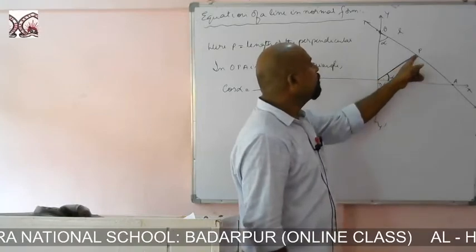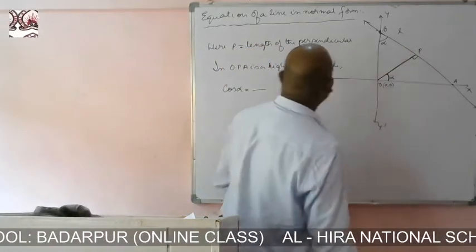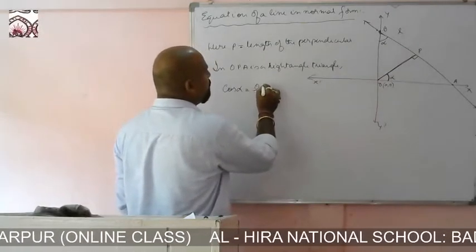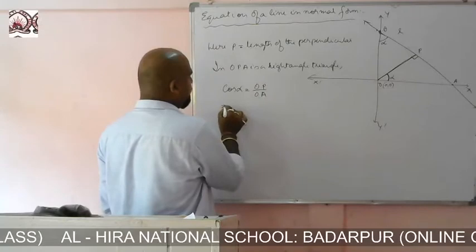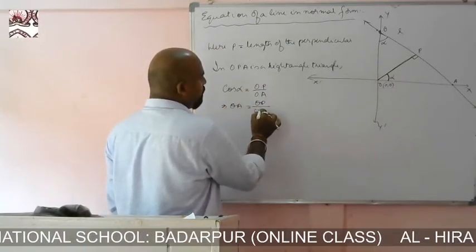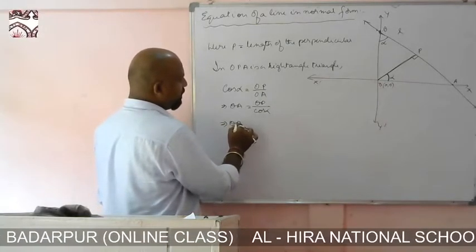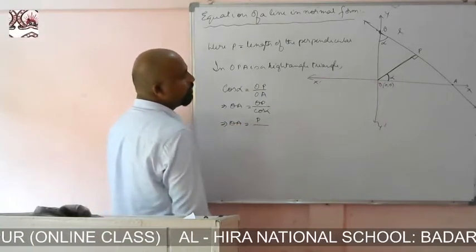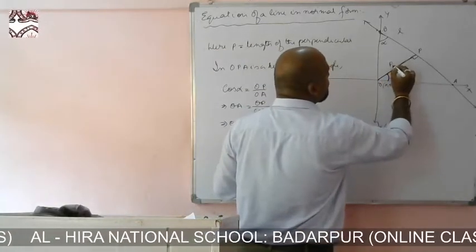So in triangle OPA, cos alpha equals OP divided by hypotenuse OA. So OA equals OP by cos alpha, and OP is the length of the perpendicular, that is p.